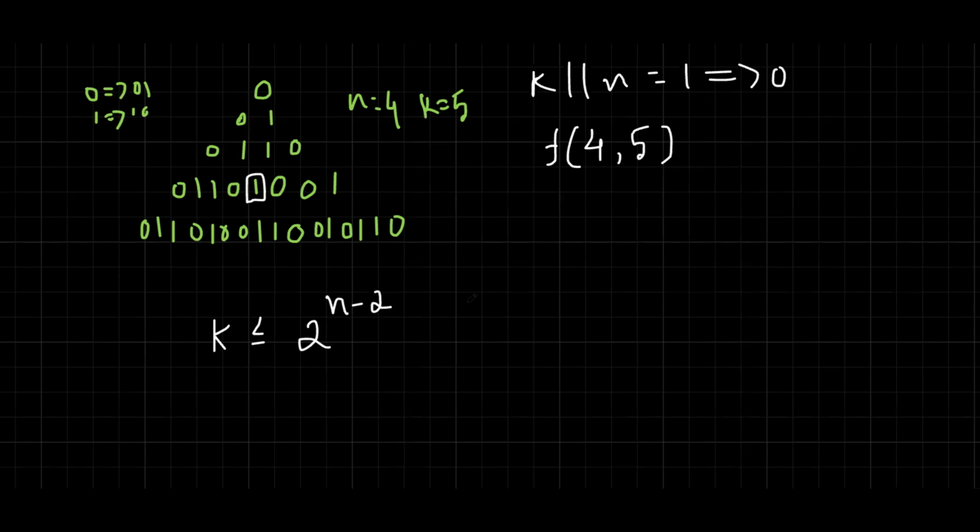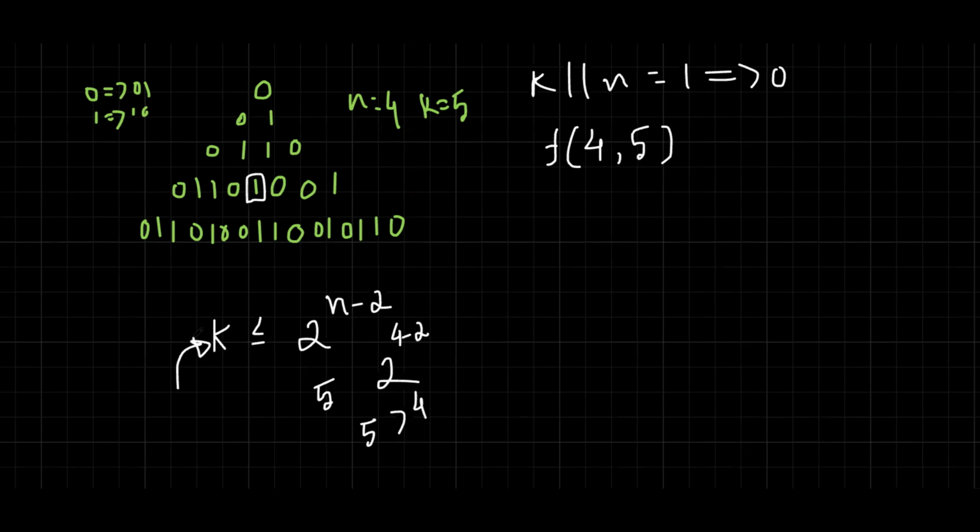The value of k here is 5, and 2 to the power 4 minus 2 will be 4. So 5 is greater than 4, and this condition is not met.